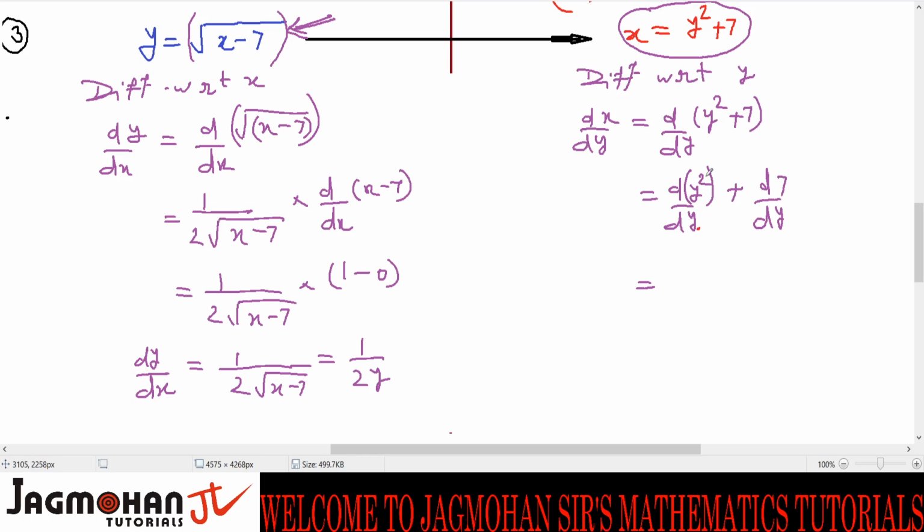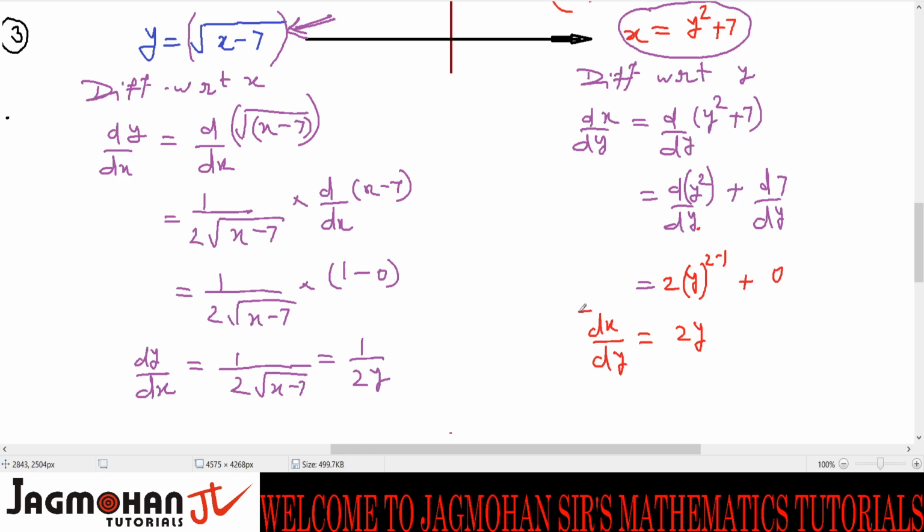It is variable raised to constant. Now you know it is what type? It is y raised to n type. So its derivative will be n y raised to n minus 1. So 2y raised to 2 minus 1, plus 0. Its derivative will be 2y, and this is your dx by dy.